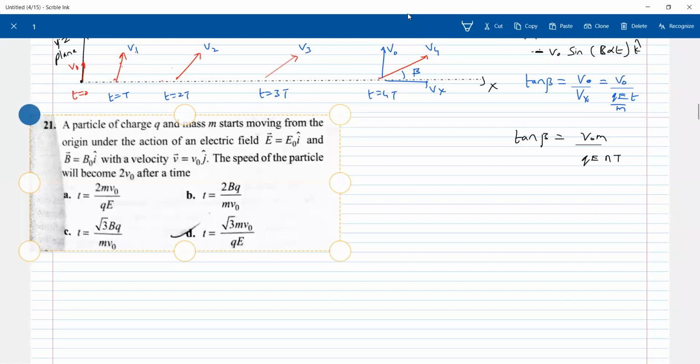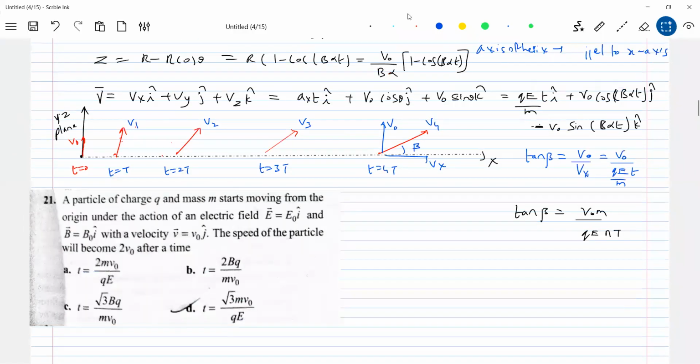Read the question. I think all the things are the same, no? You see E naught i cap, B naught i cap with the velocity V naught j. The speed of the particle will become 2 V naught after what time? So shall I directly take help of this equation? Find out the expression for velocity at any time. What is the expression for velocity at any time? It is given by Vx i cap plus Vy j cap plus Vz k cap.